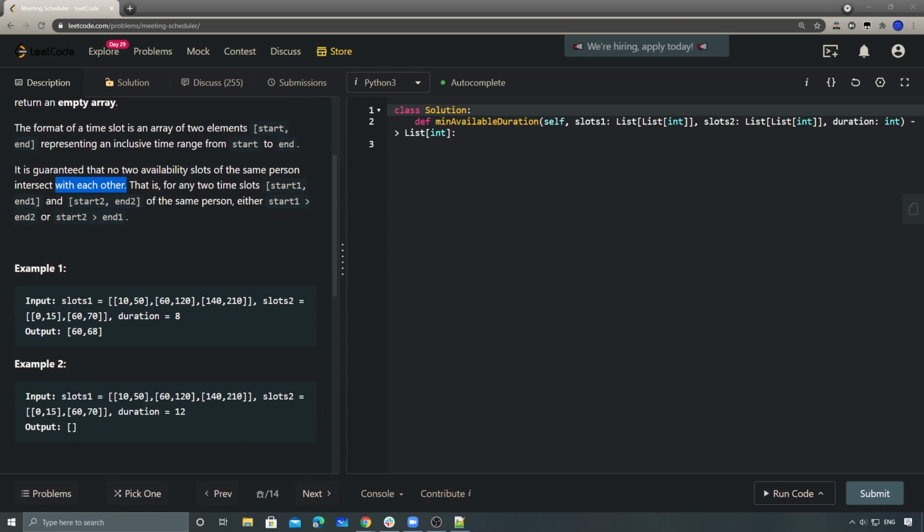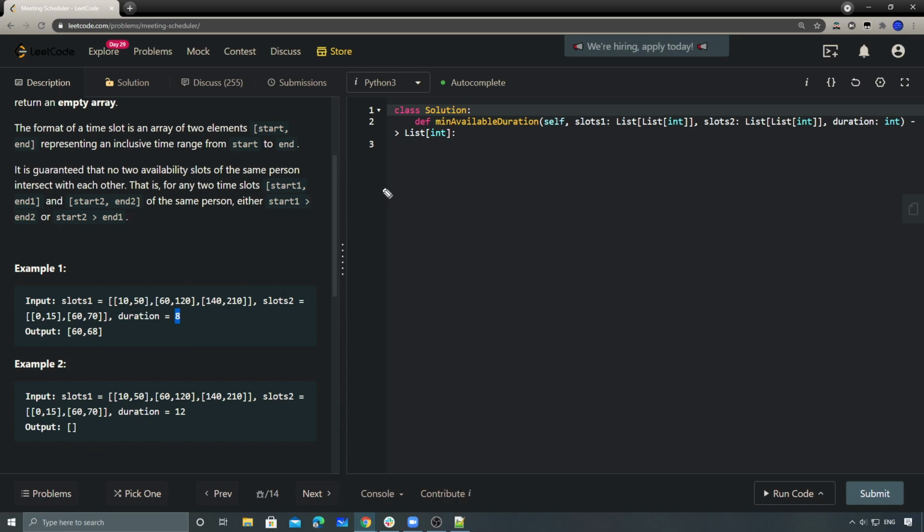For example, we have slots 1 and slots 2 here. In this case, we have these 3 slots of meeting intervals, and we have another 2 slots for person 2, and the duration is 8.